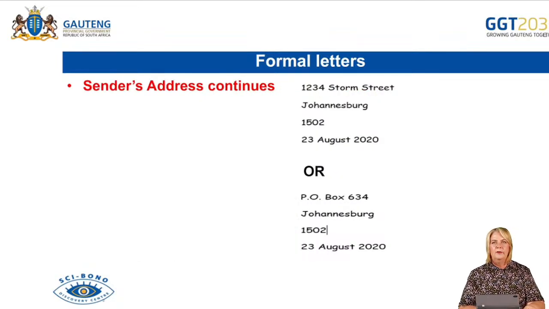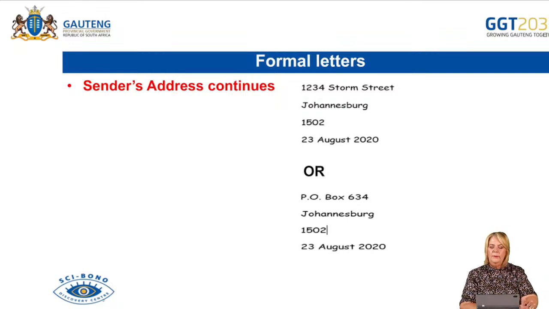Let's take a look at two possible sender's addresses again. Remember, I said we are focusing on format because if you understand it and you study it and you get it now, you will never have to prepare for a formal or an informal letter ever again. You will remember it. It would be like riding a bike. You just get on and you go.